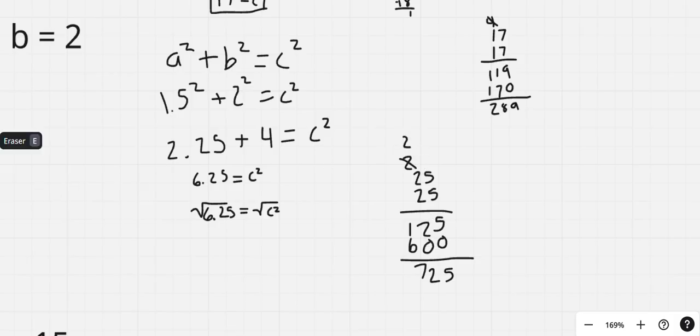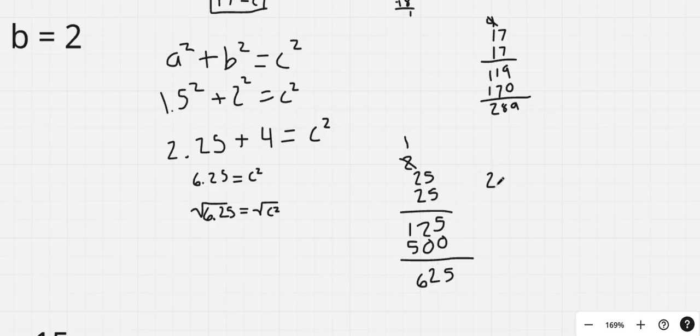Carry the 1, not the 2. And 2 times 2 is 4, plus 1 is 5. Which gives us 625. But this is 6.25.